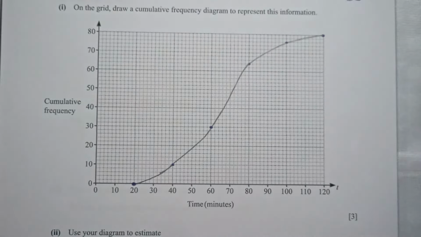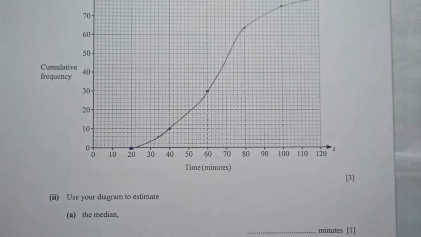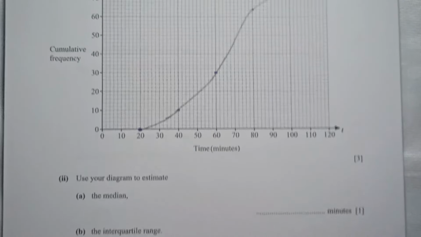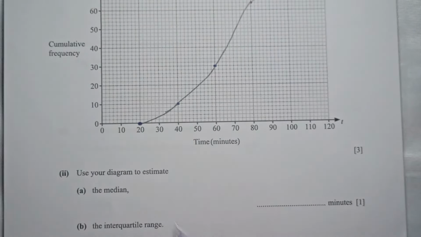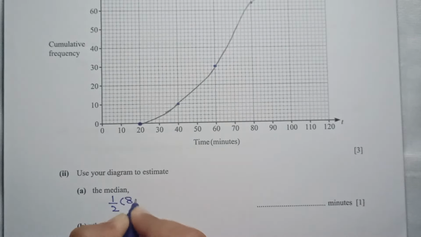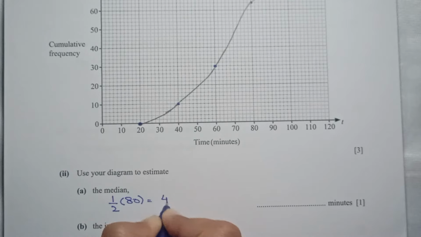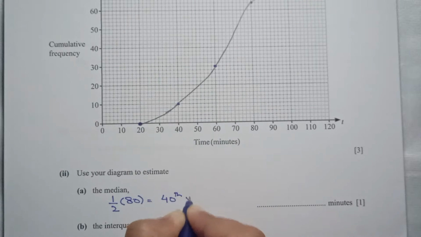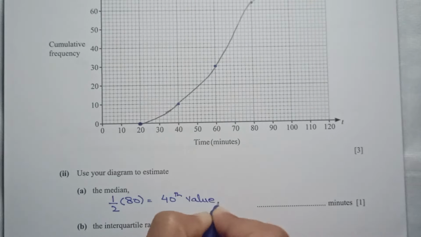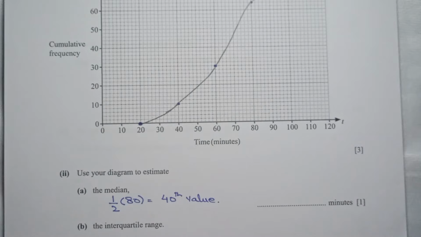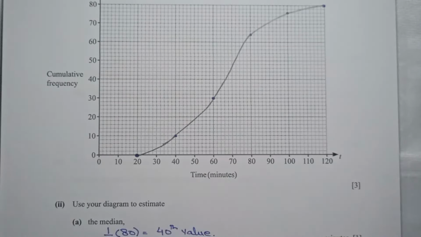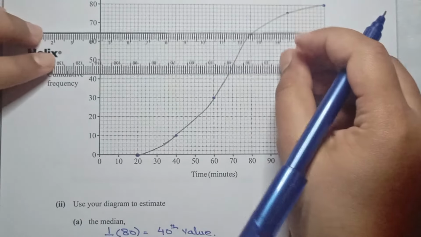Okay. Now for the second part, use your diagram to estimate the median. The median is basically half of the value. So half of 80. This means we need to find the 40th value. That would be the median. Now we need to go back to the cumulative frequency diagram and find the 40th value.